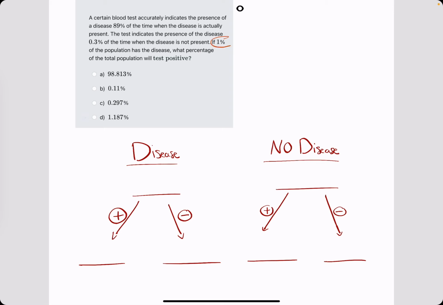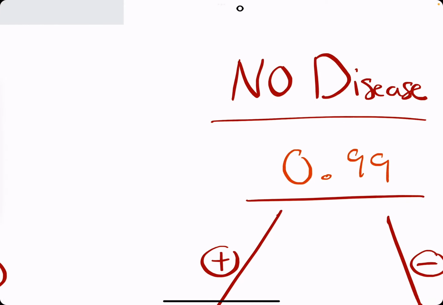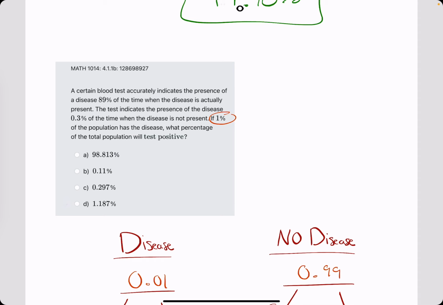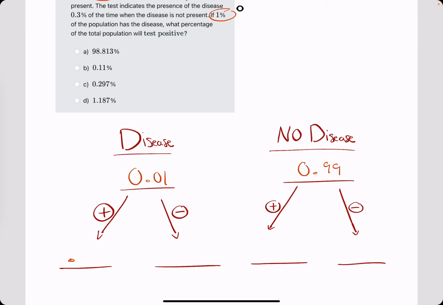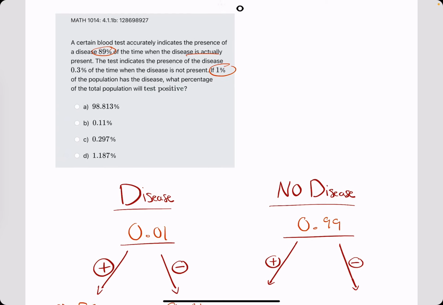All right. 1% of the population has the disease. That means 0.01 goes here, which means the remaining 99% do not have the disease, so 0.99 goes here. They say the test indicates the presence 89% of the time when it's actually there. So we have 0.89 going here, which means the remaining 11% goes here, because 0.89 plus 0.11 adds up to 1, or 100%.